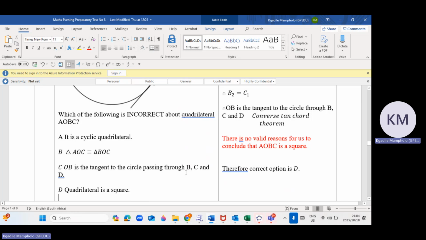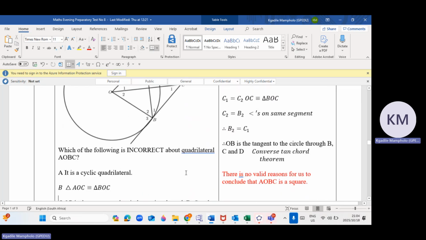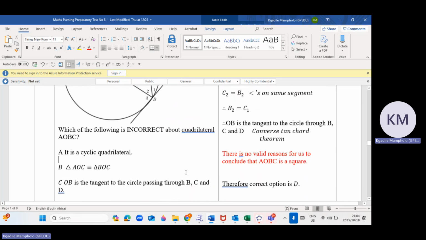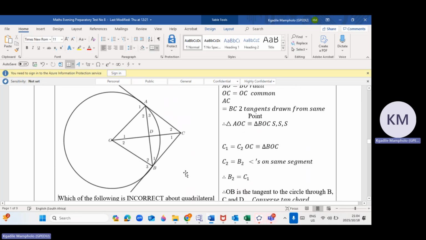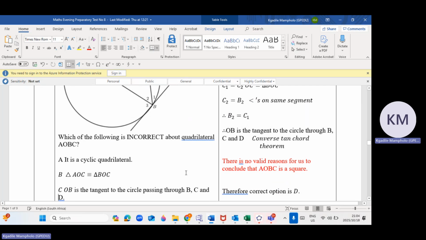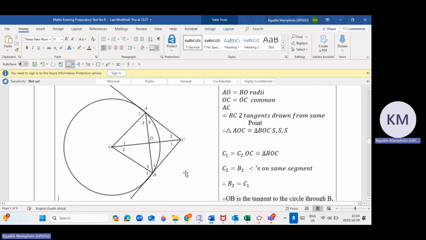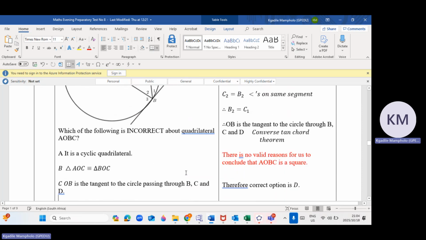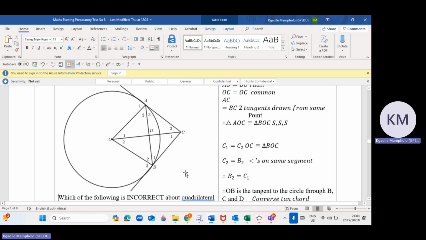Now, we say OB is a tangent to the circle passing through B, C, and D. Let's check whether the statement is true.